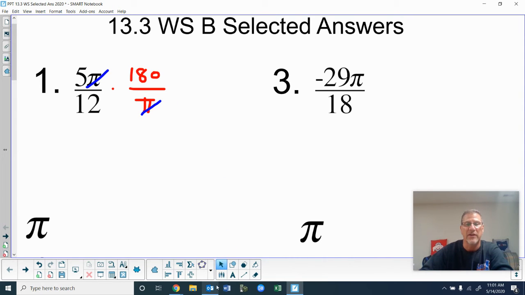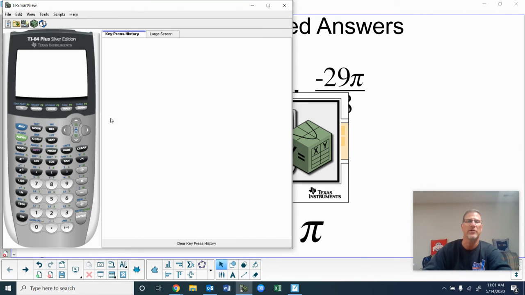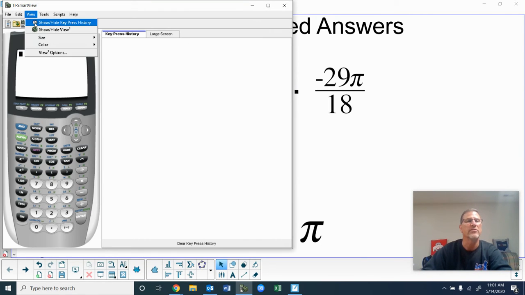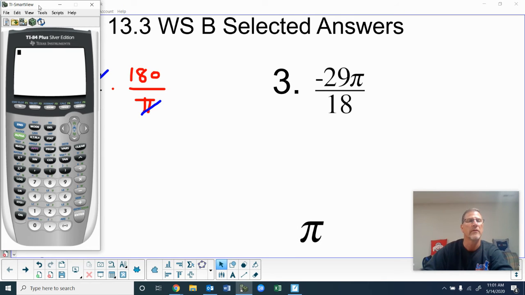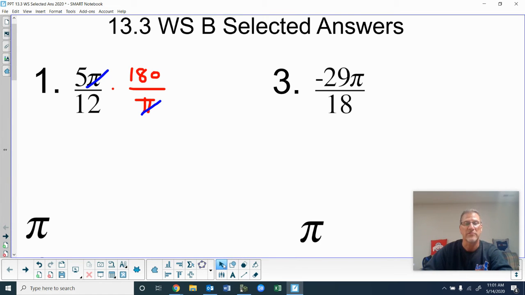Then we're going to use our calculator and do 5 times 180 divided by 12. Simple. You can do it, no problem. So 5 times 180 divided by 12, and we get 75 degrees. There you go. That was number 1, number of degrees.